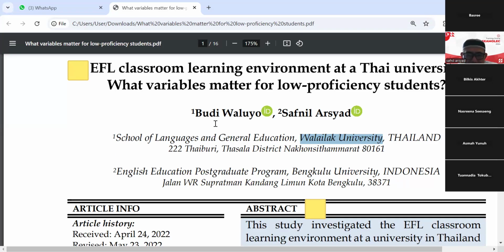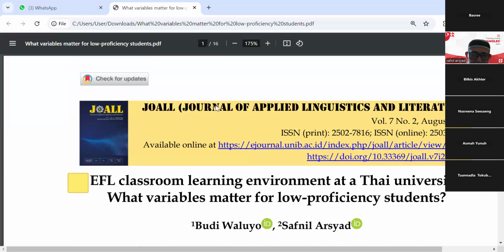He can publish more than 10 articles a year in reputable journals indexed by Scopus. Okay, good.